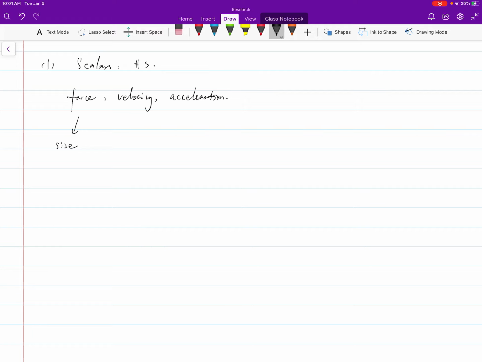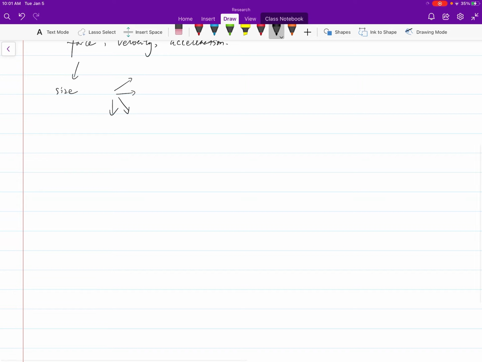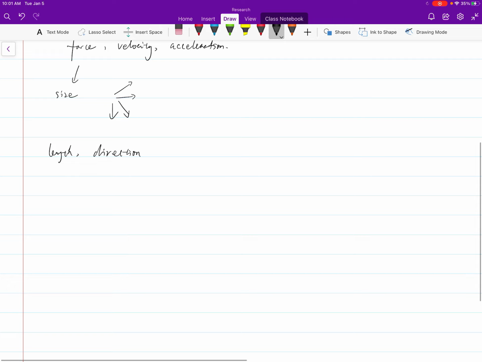Great. But even with the same size of force, 20 Newton or 40 Newton, you do have different directions. So vectors are invented to represent something that has a length, or size, or magnitude, and a direction. Usually the way to represent it is like an arrow.